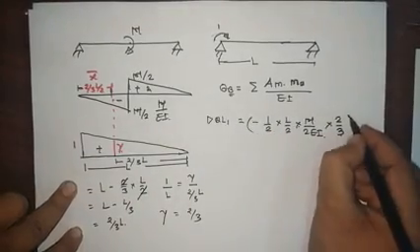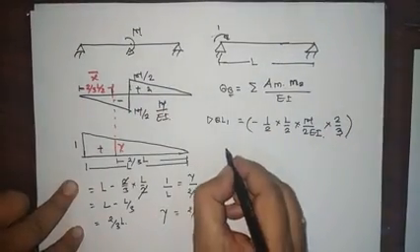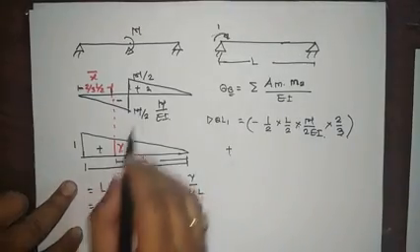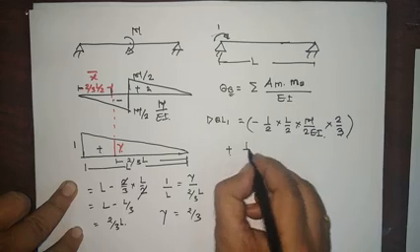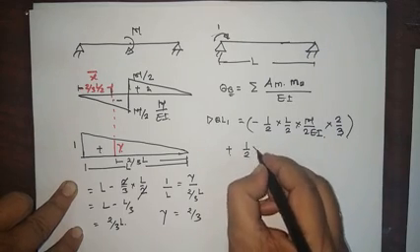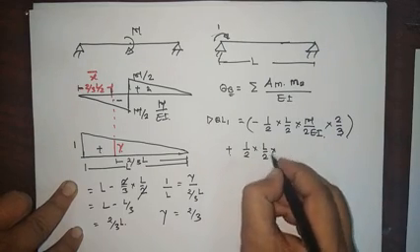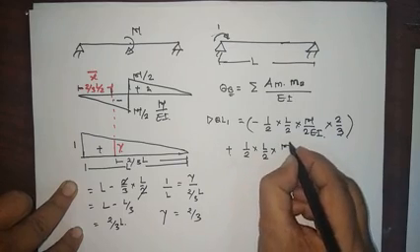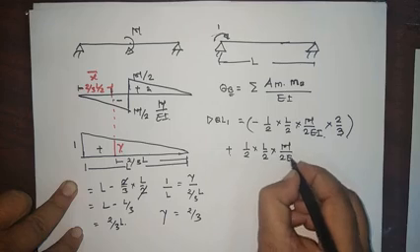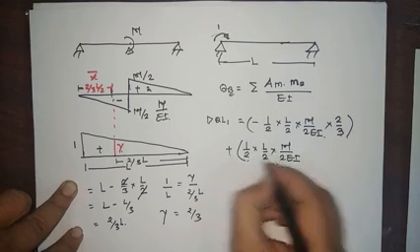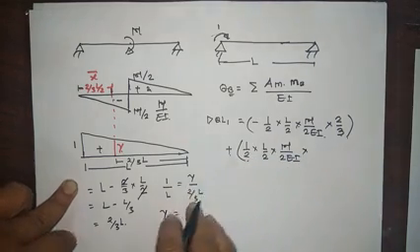Now this is the first part. Then plus again the area, that is 1/2, then base into the height M by 2EI. Now multiply here.